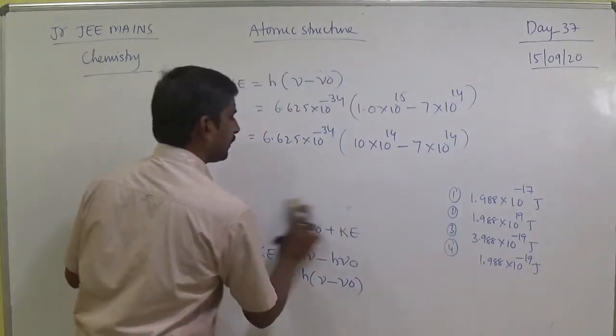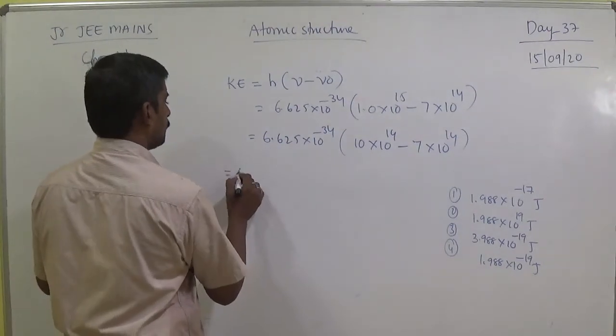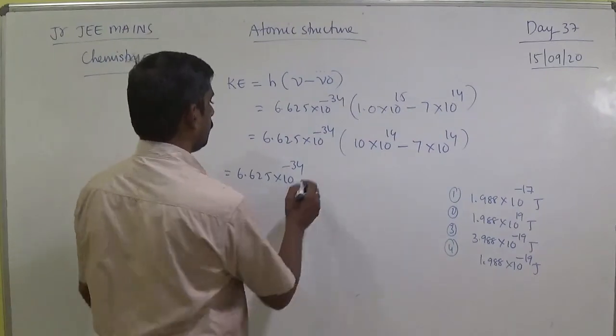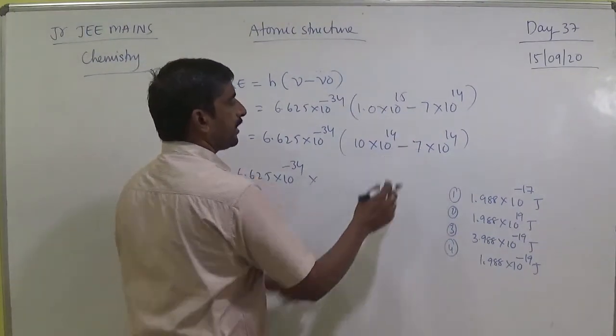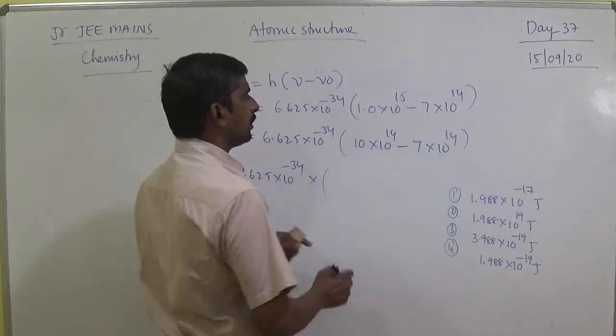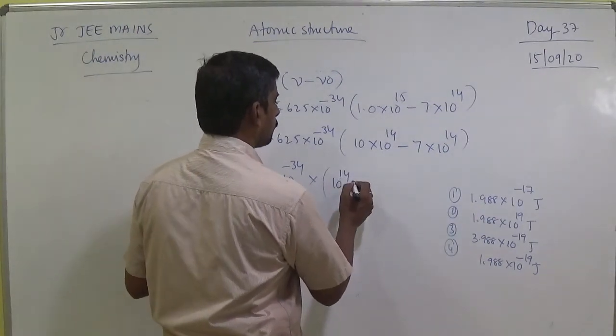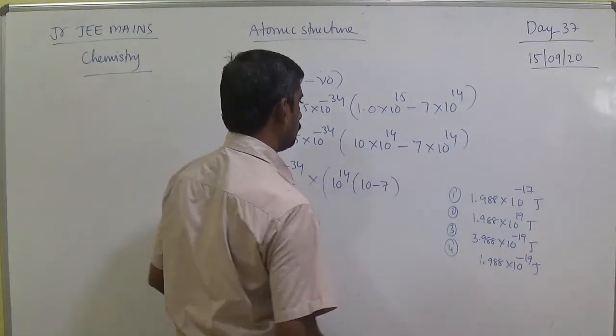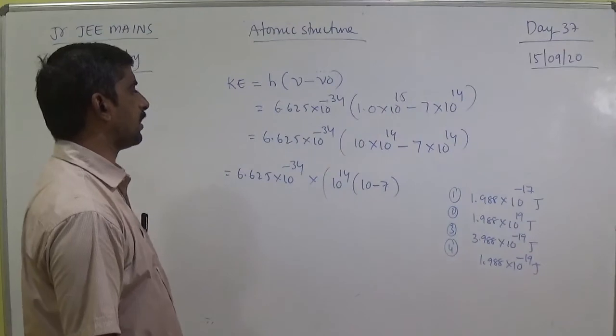After that I am taking 6.625 × 10^-34 into 10^14 common. Taking 10^14 common, we get 10 minus 7, which is 3.